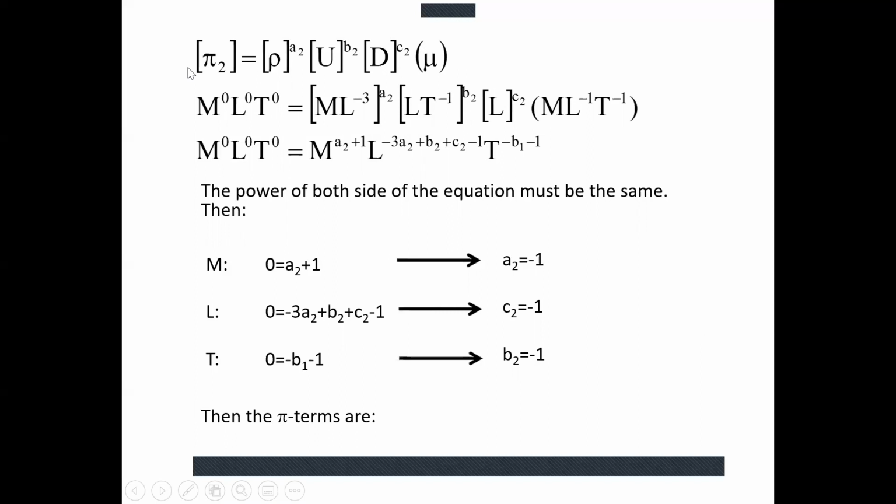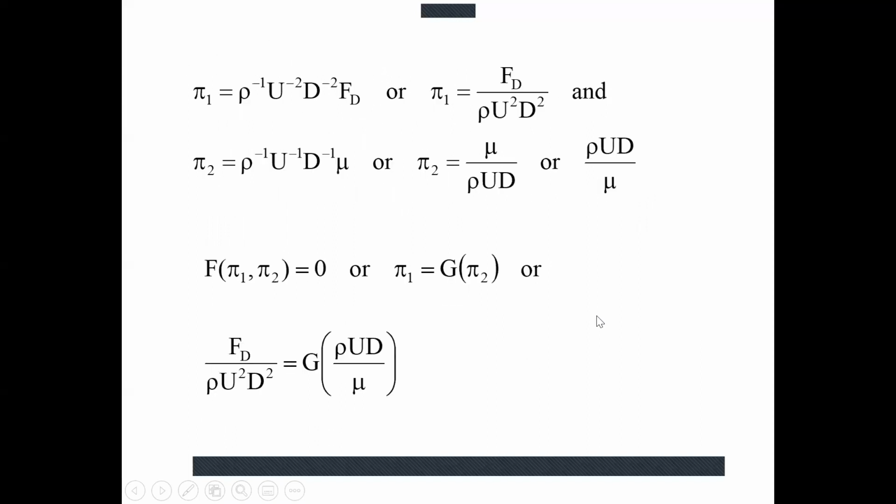Please note that if we apply the same for pi term 2, writing all the dimensions and applying the same operations, we can obtain the powers for the pi terms, so our pi terms become like this, inserting a1, b1, c1, a2, b2, and c2.